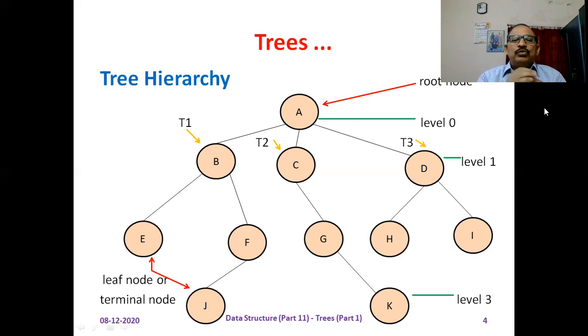Suppose we want to find out the height of node B. Here you can see the height of node B is the length of the deepest path from node B to the terminal nodes.